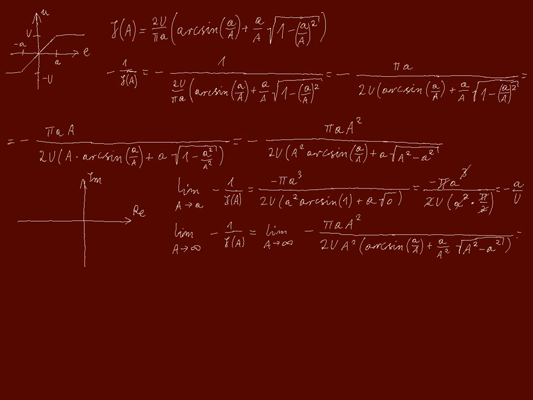The square root tends to infinity and is multiplied by something that tends to 0.